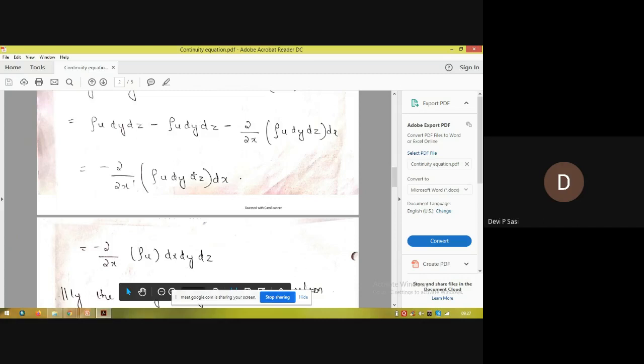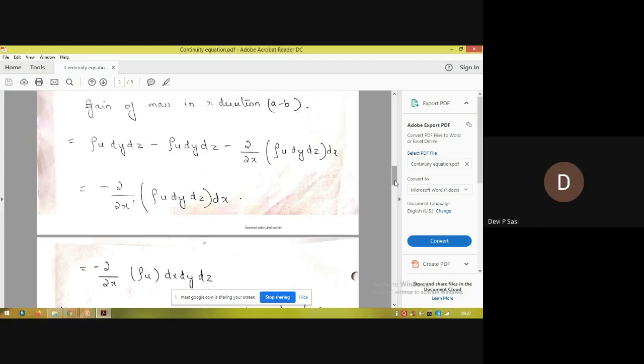We are just opening the bracket, writing rho into u into dy dz dx as rho into u into dx dy dz. So in the x direction we obtained minus dou by dou x of rho into u into dx dy dz.